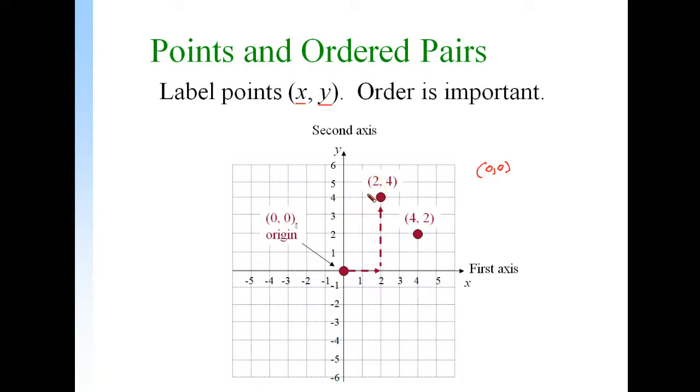Now, if we want to plot 2, 4, again, we start at the origin and move 2 in a positive direction, and then up 4 in a positive direction to get to the point 2, 4. Now, this one is going to be 4 as the x coordinate, and then up 2. So this would be 4, 2. And we'll go on. They'll give us some to do.